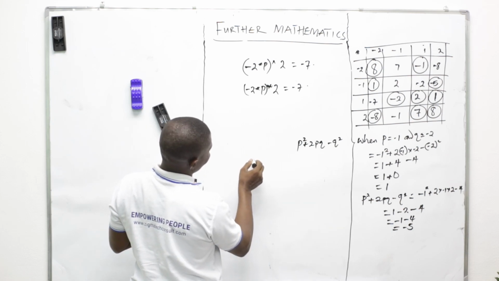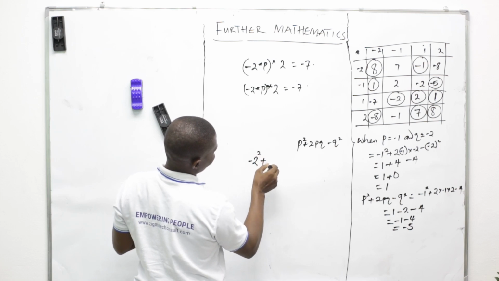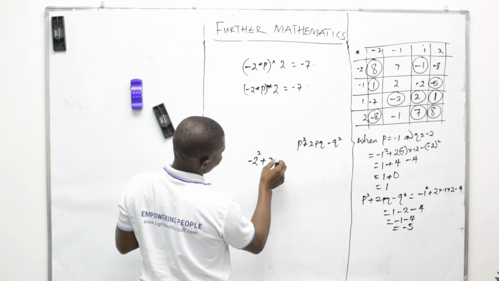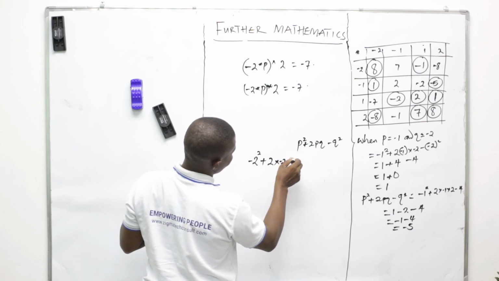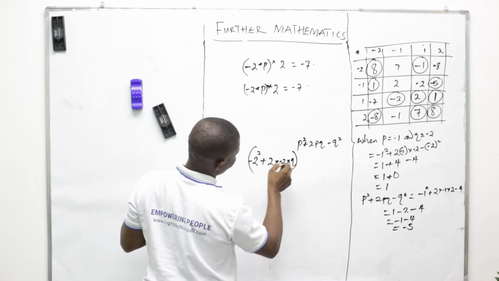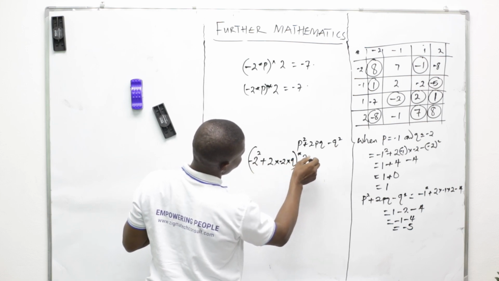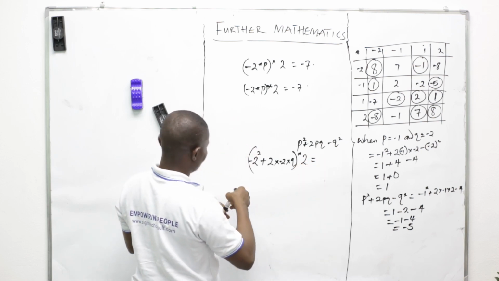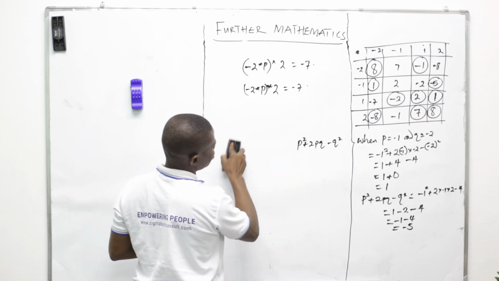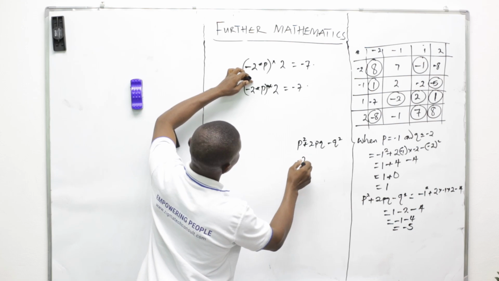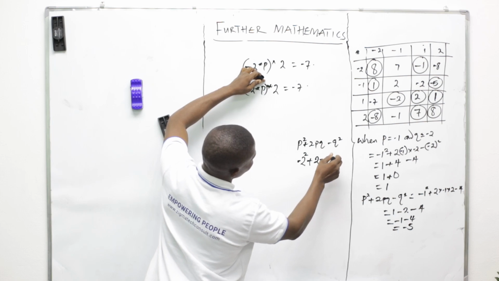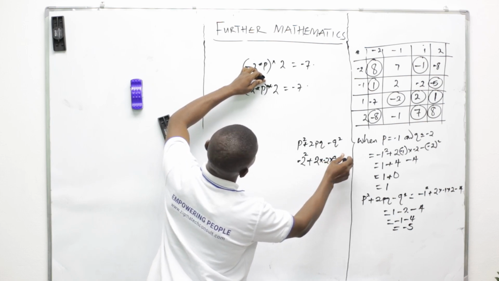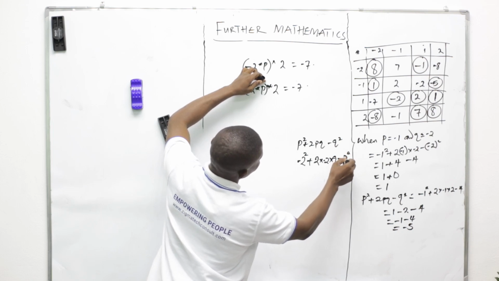First, minus 2 all squared plus 2 times minus 2 times Q, operating on 2 equals minus 2 squared plus 2 times minus 2 times Q minus Q squared, that is P squared.